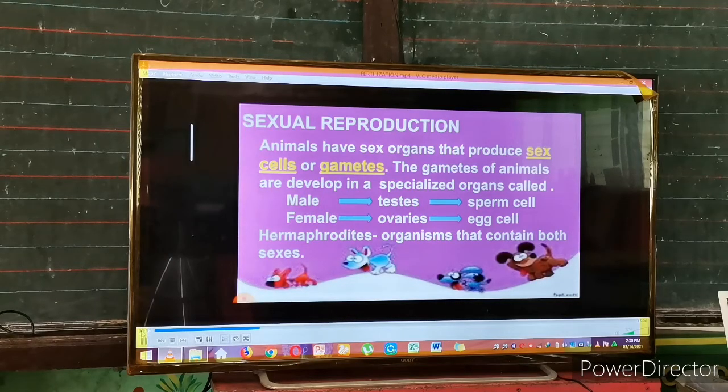Sa male animal, ang tawag doon ay testes na nagpo-produce ng sperm cell. Sa mga female animal naman, ang tawag dito ay ovaries that produce egg cells. Meron tayong mga organisms katulad ng earthworm that contain both sexes. Ang ibig sabihin nun, meron silang testes, meron din silang ovaries. Ang tawag sa mga organisms na yan ay hermaphrodites.